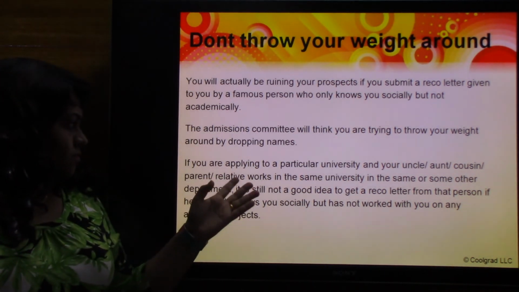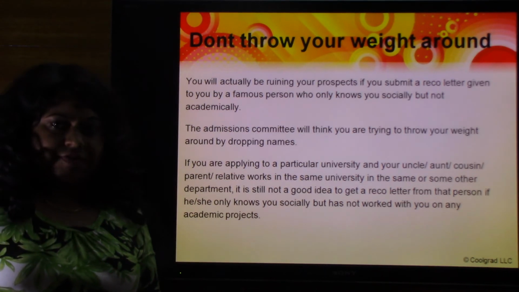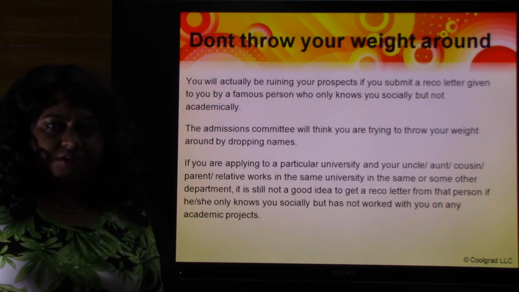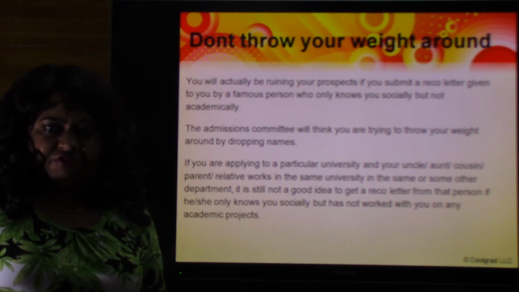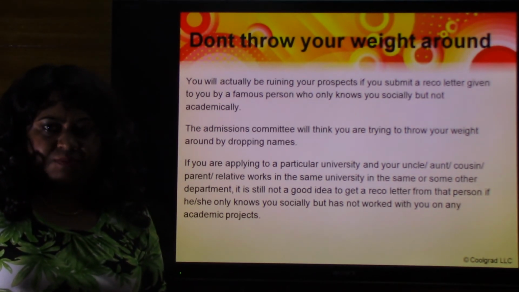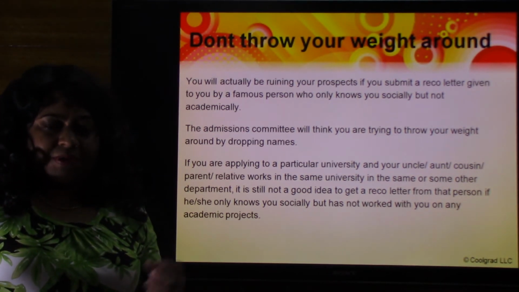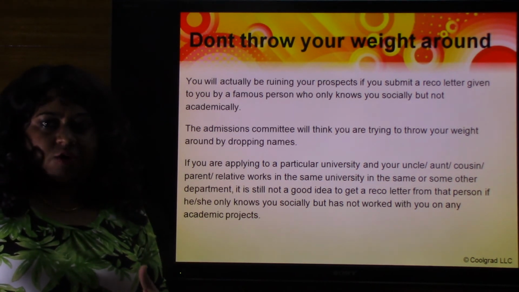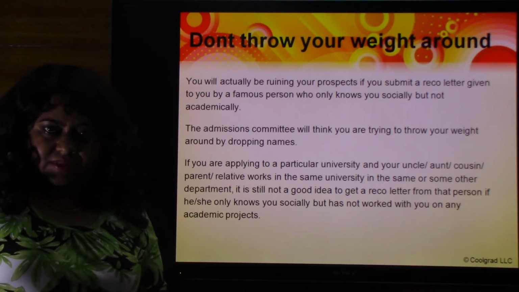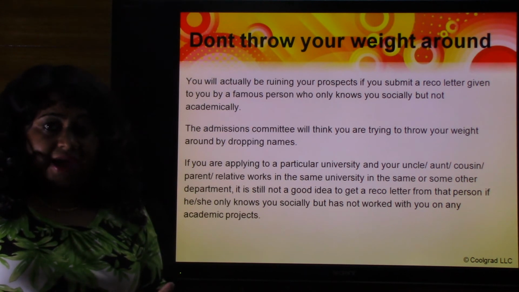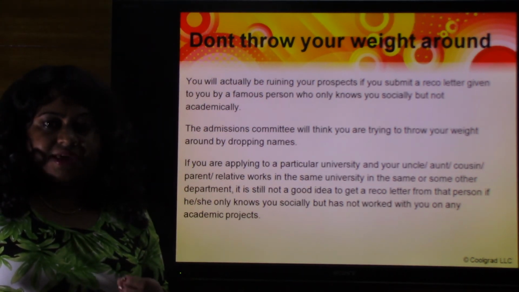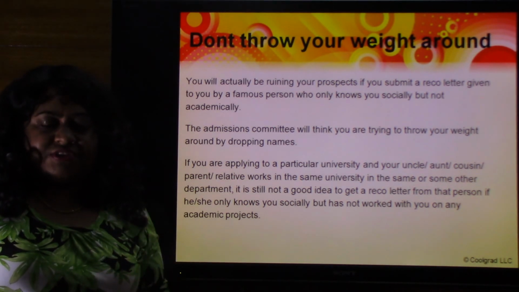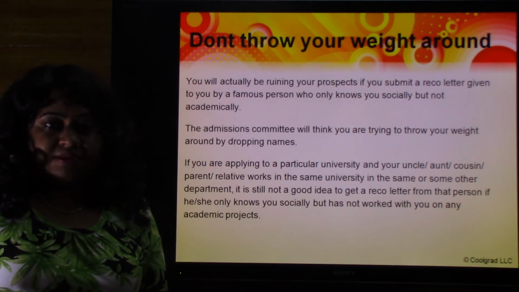So if you're applying to a particular university and your uncle, aunt, cousin, somebody was an alumnus of that university, someone who graduated from that university previously, I mean, if somebody mentions it, or if you're writing a recommendation letter for yourself. I've heard this happen in some countries where students write their own recommendation letters and they just get the lecturer to sign it, and the lecturer sometimes reviews it, sometimes doesn't.